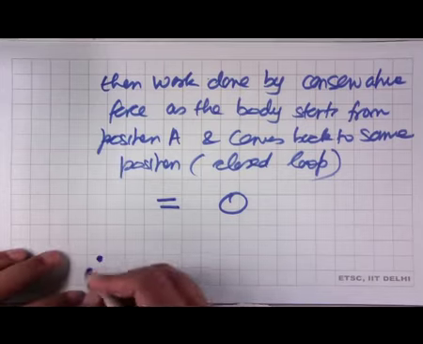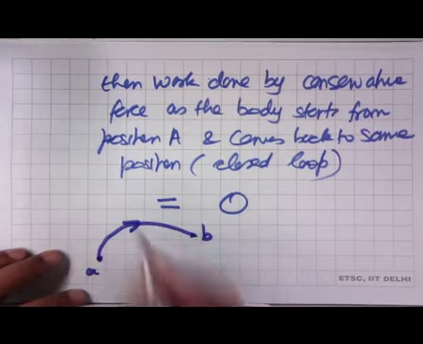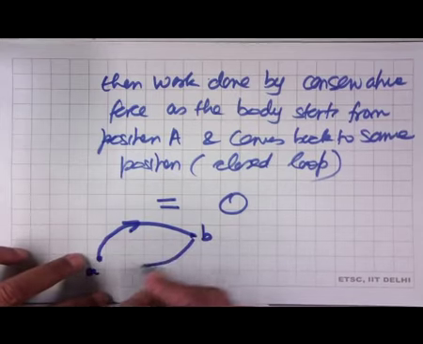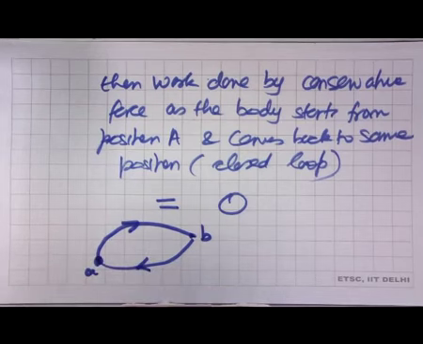So, in particular, if we have two positions A and B and the particle moves under the influence of a conservative force from A to B, and comes back from B to A, then the work done by the conservative force will be equal to 0.